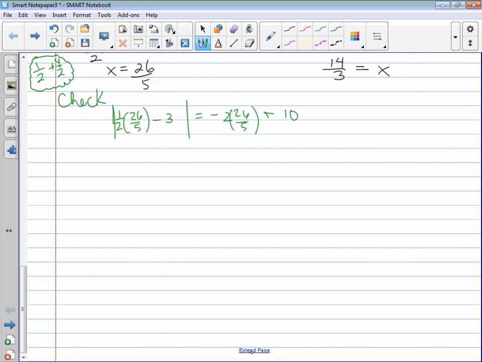Is that answer going to end up being positive or negative? Negative. When I add those together, I know that whatever this is going to end up being a negative number. Oh, no. Absolute value can't be negative.